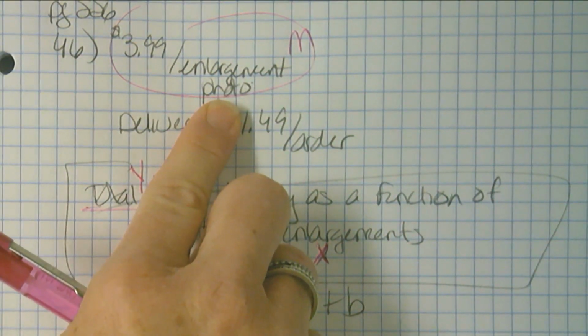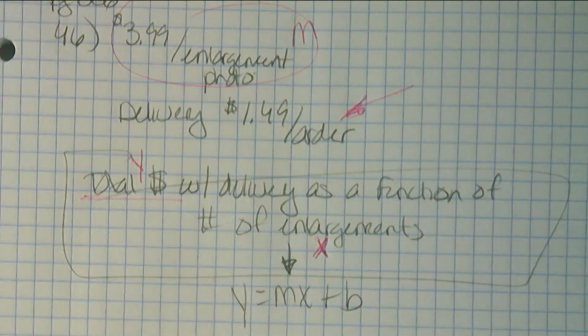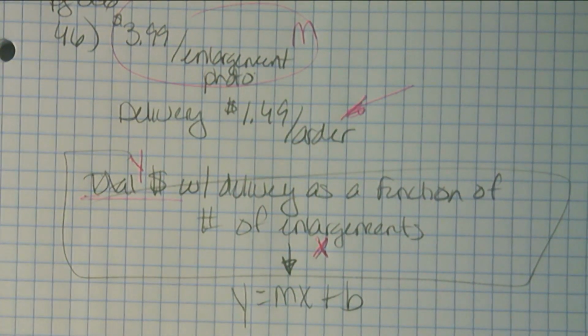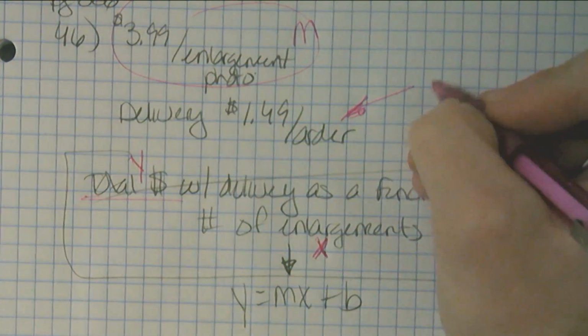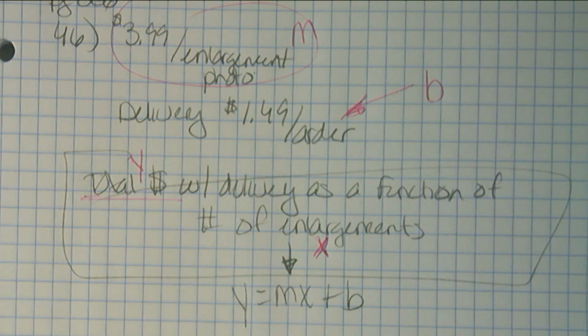There's my slope. What then is the delivery? Joseph? That's my y-intercept. Why is that my y-intercept? It is a one-time fee. It doesn't say $1.49 per enlargement. It says for an order. And we want to know the cost of one order with delivery. So there's my b value.